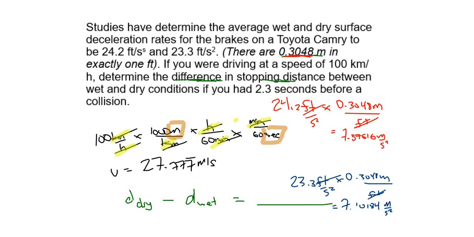So I think I'm now ready to do my math, only I'm going to need to go to a new page. So here's my formula. D equals V_i T plus 1/2 A T squared. So I'm going to do this twice. My velocity initial was 27.7 repeating, and I'm going to use the entire number.